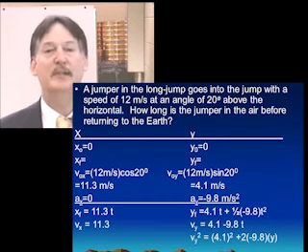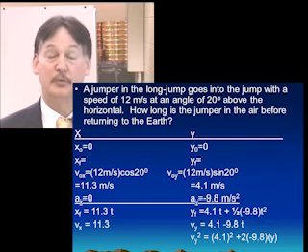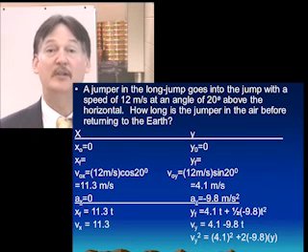Can we determine the original velocities in the x and y direction? Well, notice that we can, because the 12 meters per second is the length of the vector v0 inclined at an angle of 20 degrees.